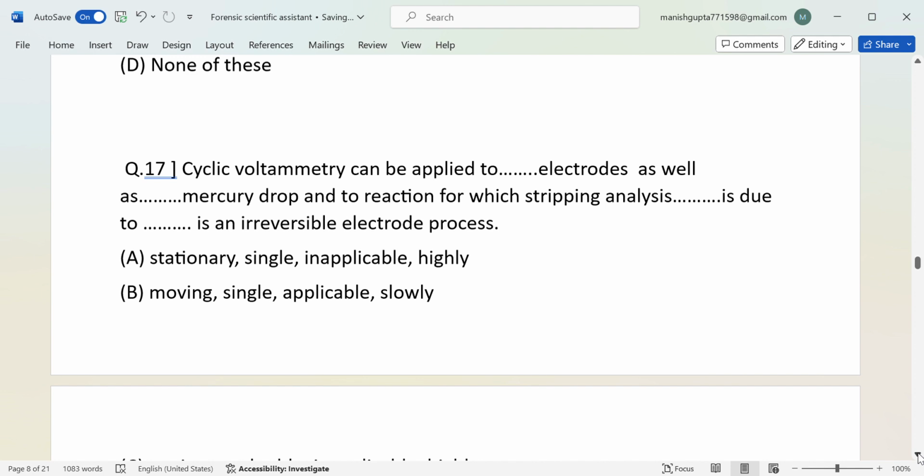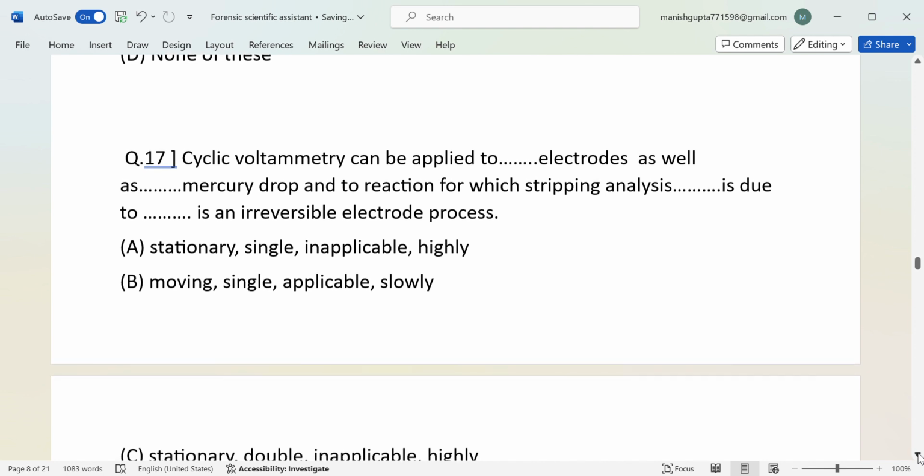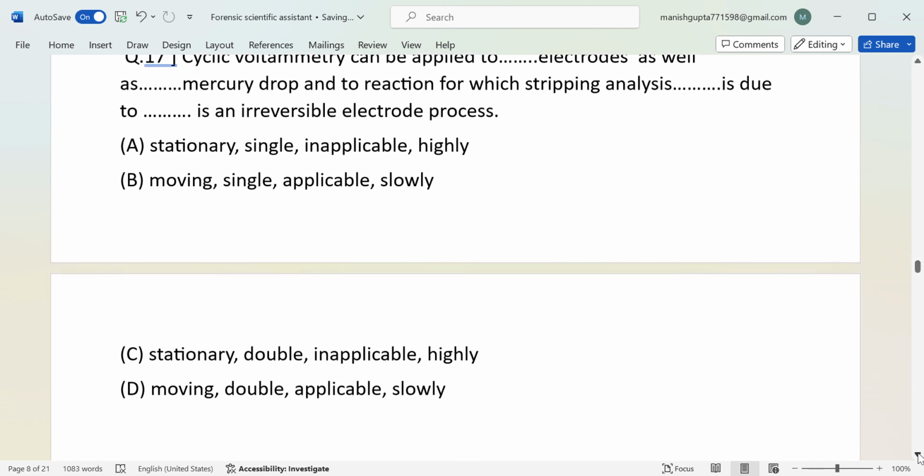Option number A, stationary single, inapplicable, highly. Option B, moving single, applicable, slowly. Option C, stationary double, inapplicable, highly. Option number D, moving double, applicable, slow. Option number 1 is correct: stationary single and inapplicable high.